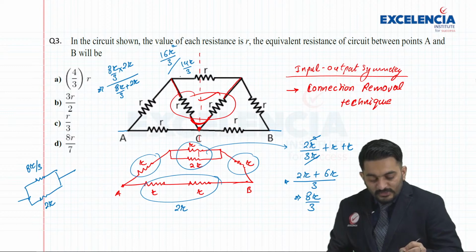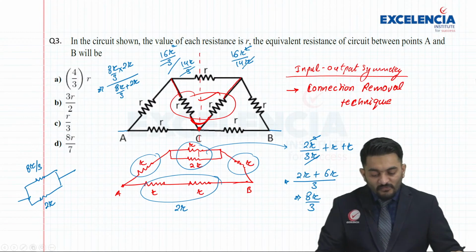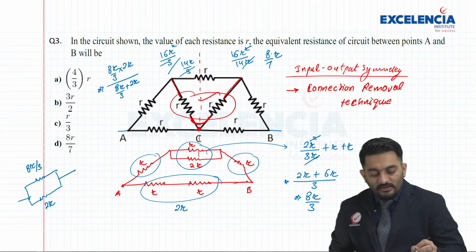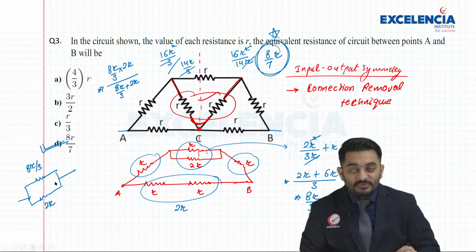The 3 gets cancelled, so 16R square by 14R, you cancel this. Now 16 by 14, what can we write? 8 by 7R. So my final answer is option number D.